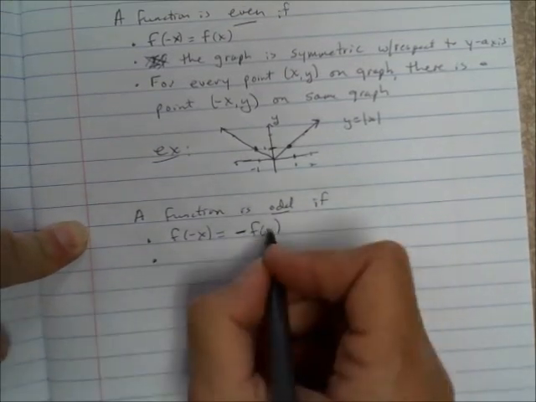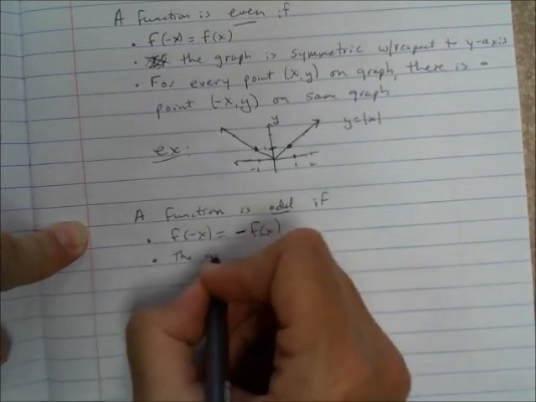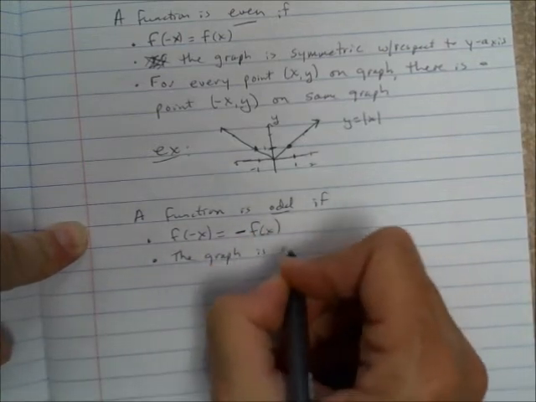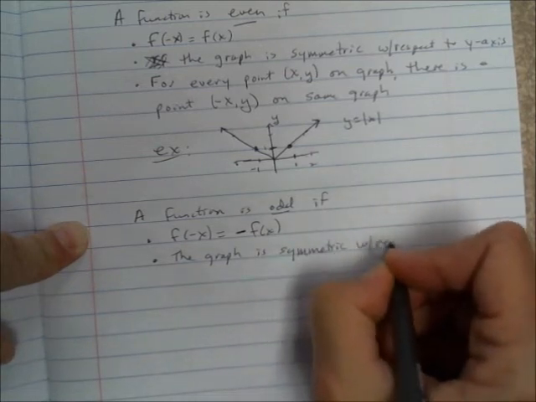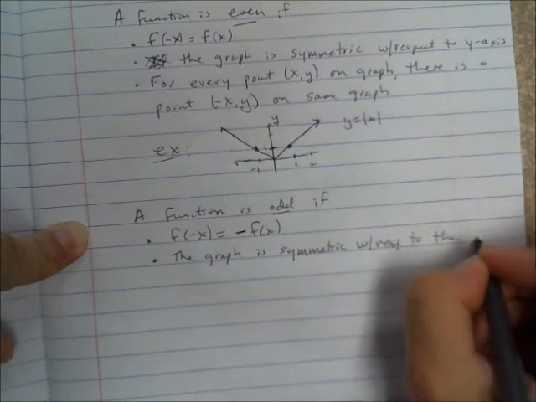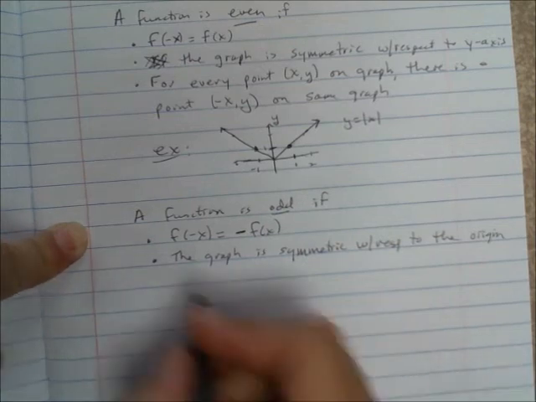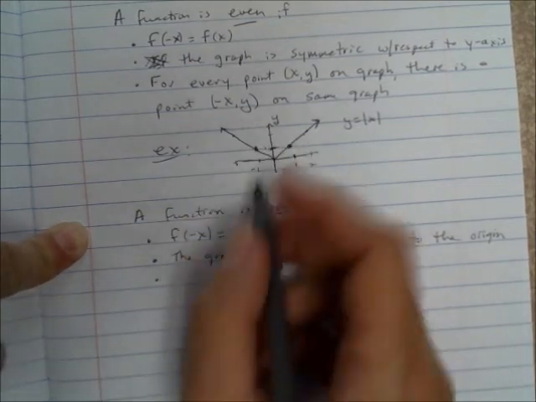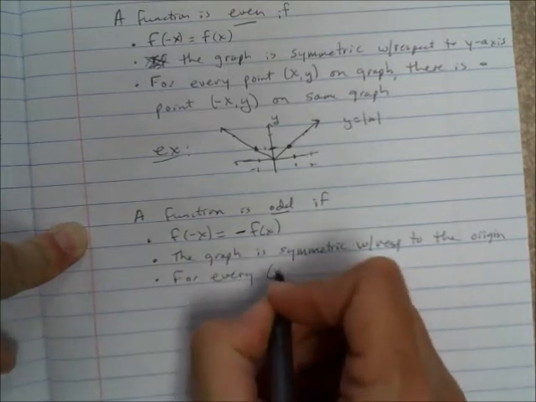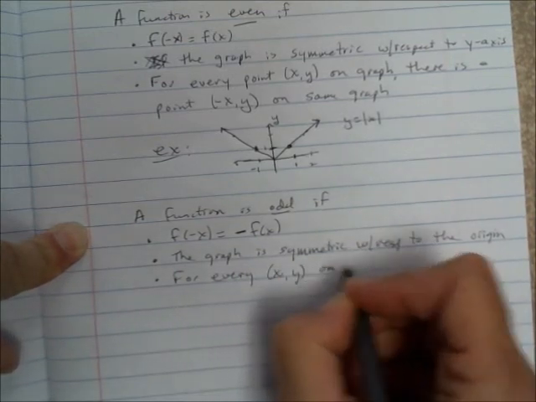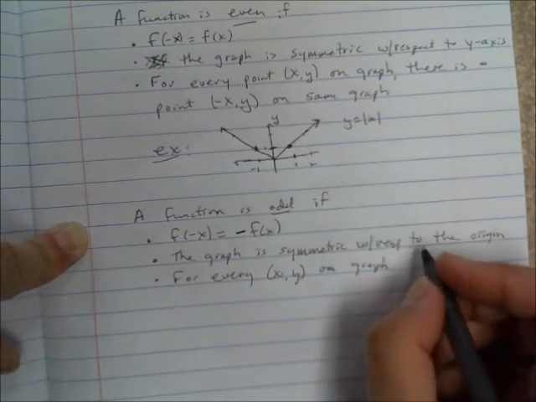And another way of saying this graphically is the graph is symmetric with respect to the origin, instead of the y-axis. And for every point x, y on the graph, there's a point negative x, negative y on the same graph.